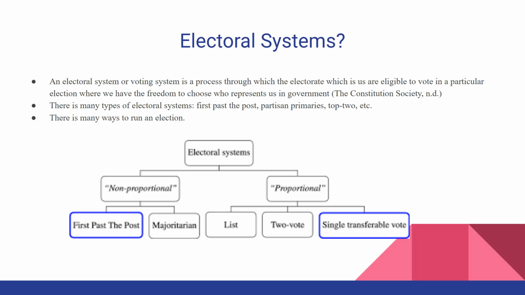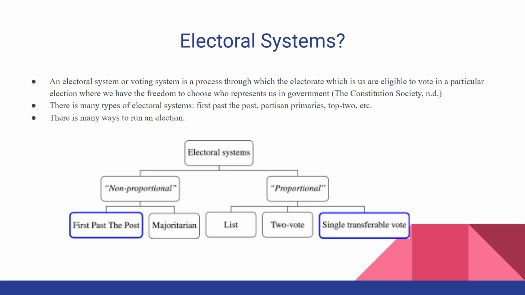So, to reiterate, an electoral system is a specific voting system where the electorate participates to elect people that will represent us in government.